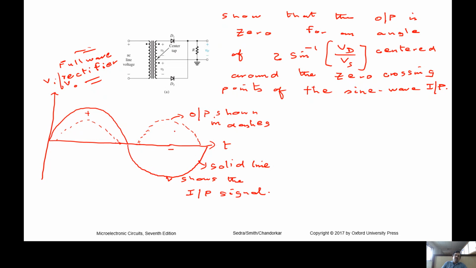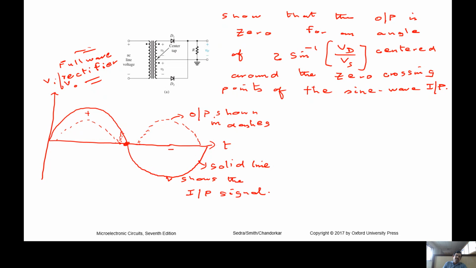Okay, so show that the output is 0 for an angle centered around the 0 crossing points of the sine wave. Let us take this for example. We see this output only.